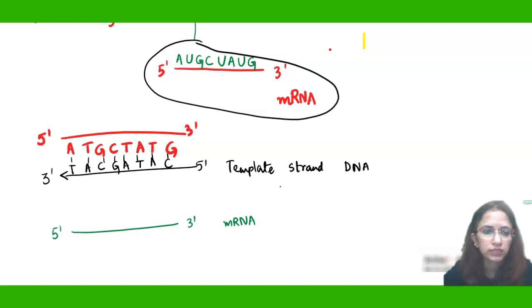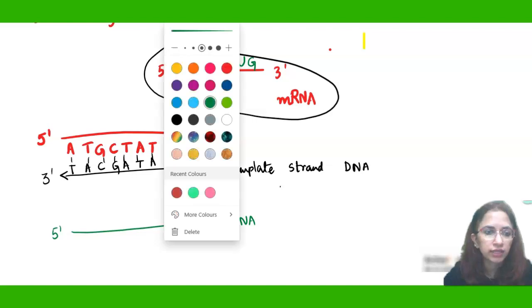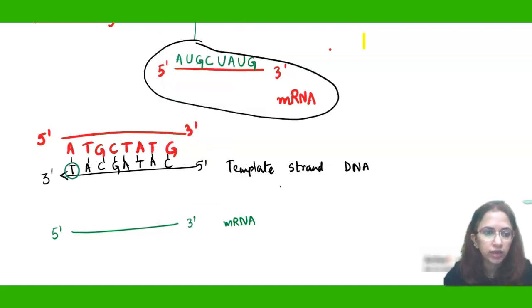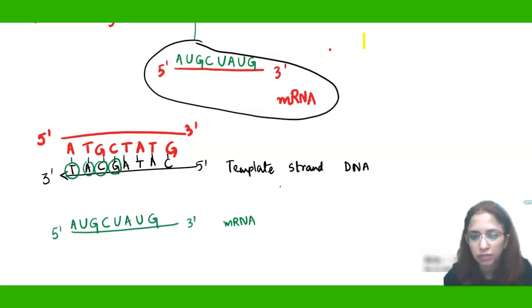So here you can see it is T, so here we would write A, because T always binds with A, and A always binds with T, but there is no T in RNA, so we would write U. Here it is C, we would write G, then C because G always binds to C, A always binds with T, but no T in the case of RNA, so we would write U. So this is how we complete the bases in the messenger RNA.